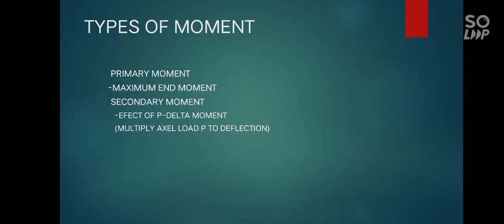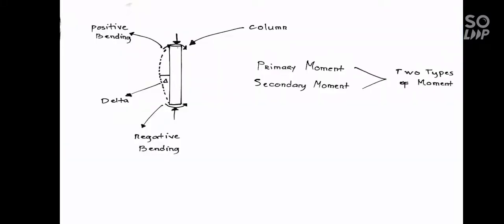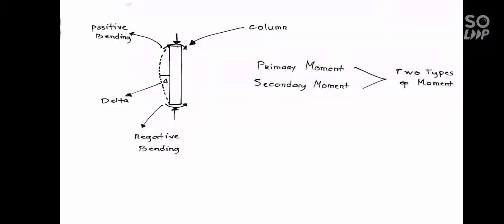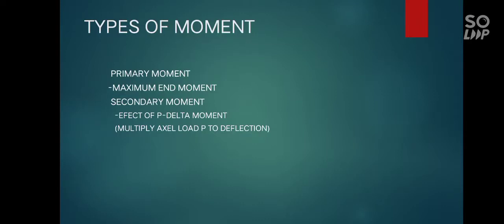So, gi-ingon nako na naay duha ka type sa moment, which is ang primary moment ug secondary moment. Unsa ning primary moment? Mao ni siya ang maximum end moment sa inyong makita diri. While ang secondary moment, mao ni siya ang effect of P delta moment.